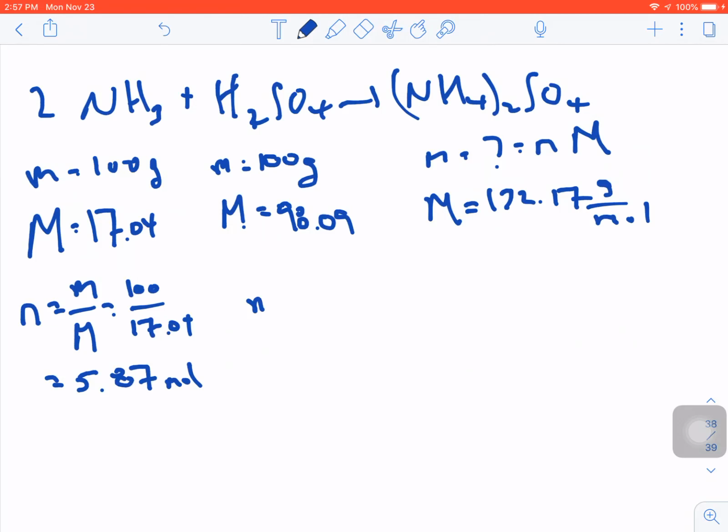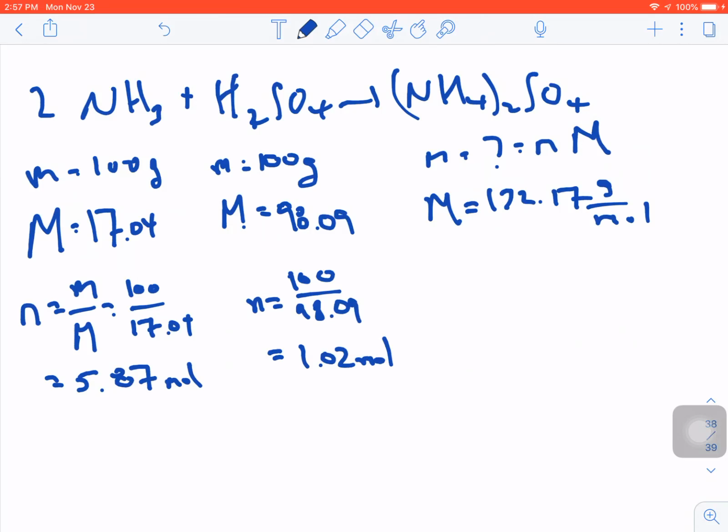Here, my number of moles is equal to the mass divided by my molar mass, which equals 1.02 moles. Okay.